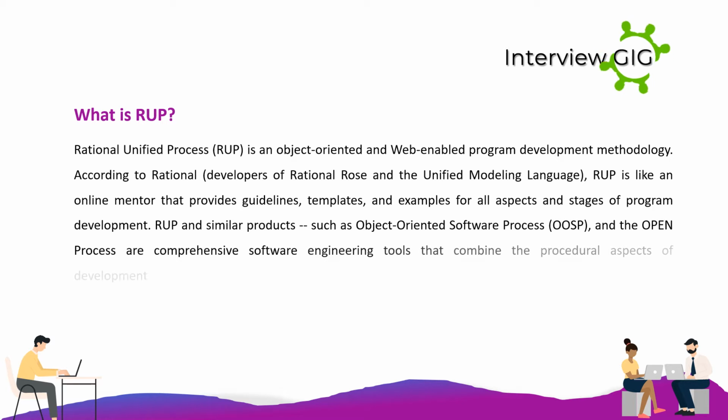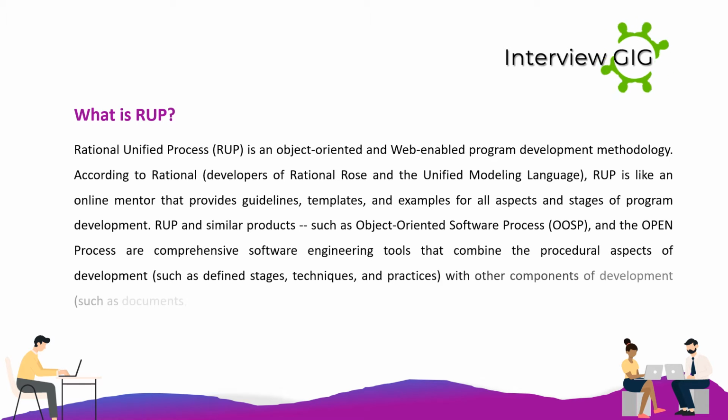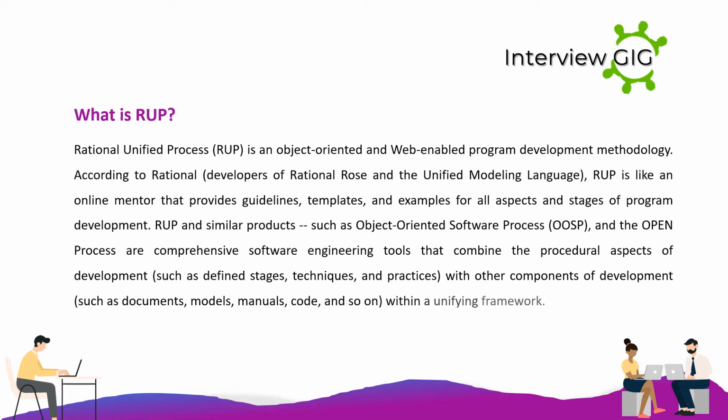RUP and similar products, such as Object-Oriented Software Process, OOSP, and the Open Process are comprehensive software engineering tools that combine the procedural aspects of development, such as defined stages, techniques, and practices, with other components of development, such as documents, models, manuals, code, and so on, within a unifying framework.